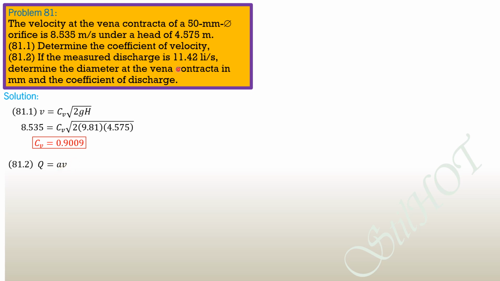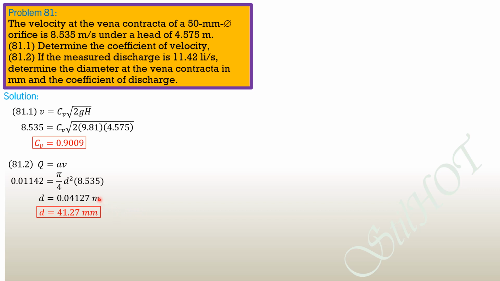So Q is 0.01142 and the area at the vena contracta is pi over 4 diameter square and V is 8.535. So 0.01142 equals pi over 4 diameter square times 8.535, where D is the diameter of the jet at the vena contracta. So solving for D, 0.04127 meter or 41.27 mm.